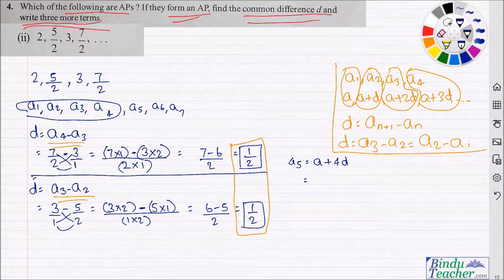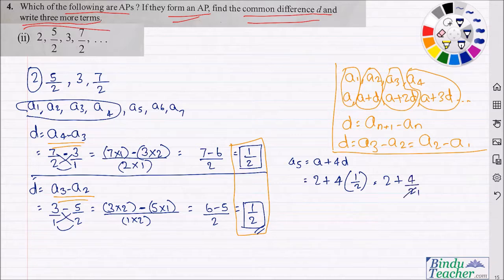We know the value of A. A is the same as A1, which is 2, plus 4 into D. D we have found as 1 by 2, so it is 2 plus 4 into 1 by 2, which is 4 by 2.